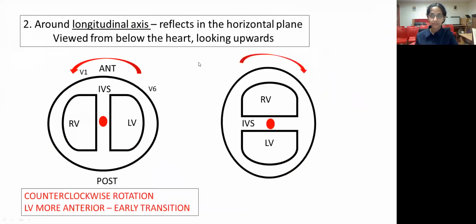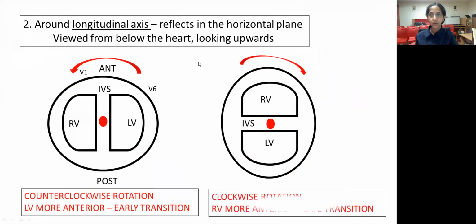Whereas if you have clockwise rotation, you have RV more anteriorly and you have a late transition. So if you are seeing your precordial leads, you have an early transition, it goes more in favor of counterclockwise rotation. You have a late transition, you have a clockwise rotation.